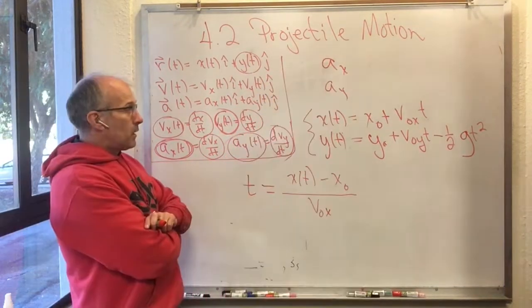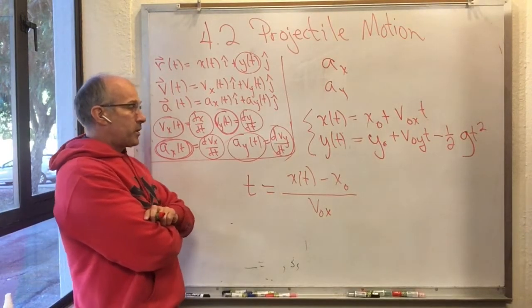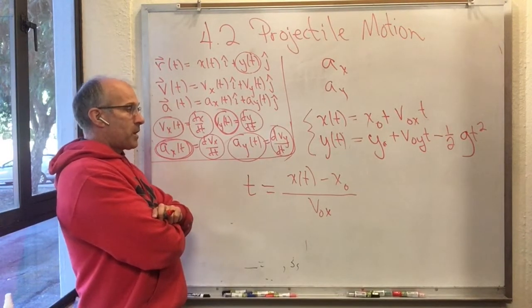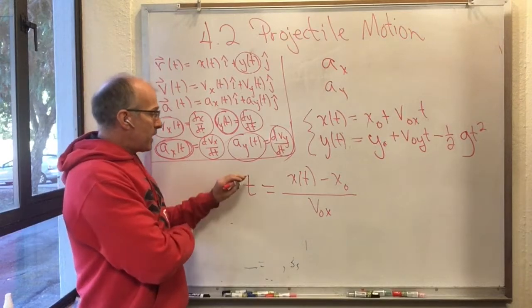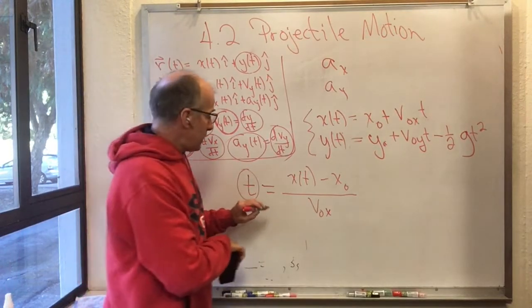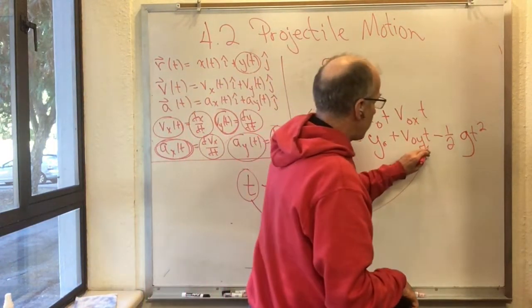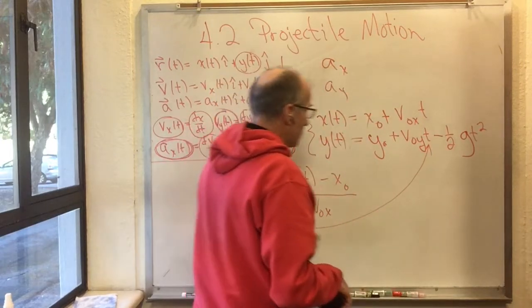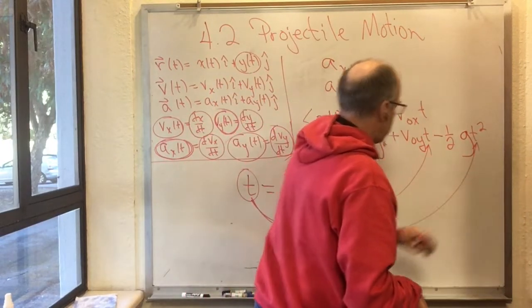So now that I've used this first equation to solve for the time, I can stick this formula for t into the second equation. I'm going to stick it in right there, and right there.